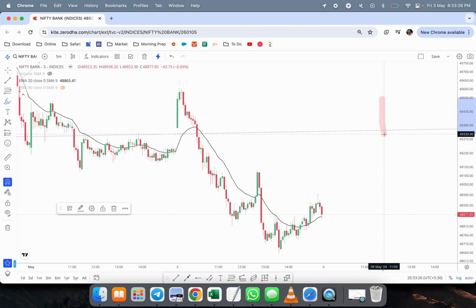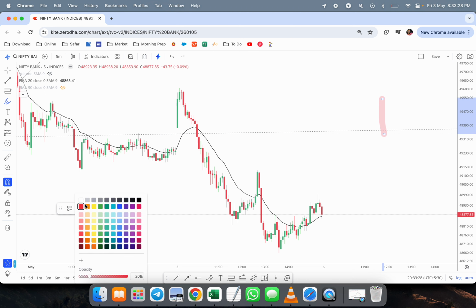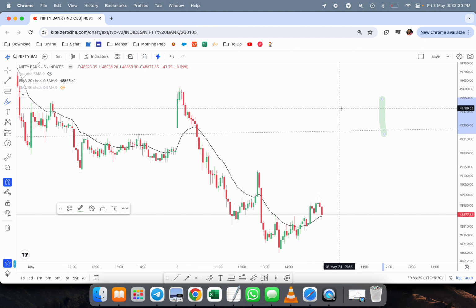So it would be like this. Let me change the color. It would be like a big bar, starting from here going all the way up, but as this bar is finishing, the price will start to fall and it will just become like a classic doji.